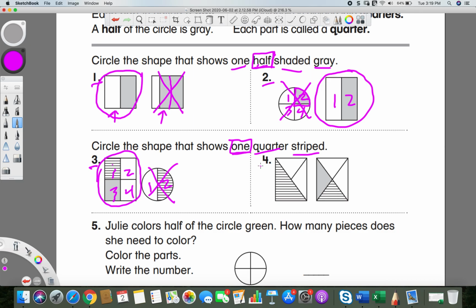Now for number 4, try this one on your own and then we'll go over it. Which one of these shapes has only a quarter with stripes? Just a quarter of it. I'll give you guys a couple seconds to circle your answer.